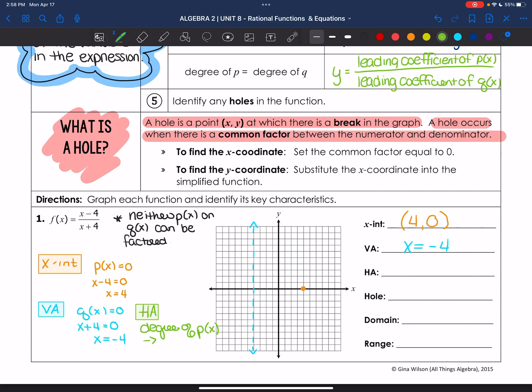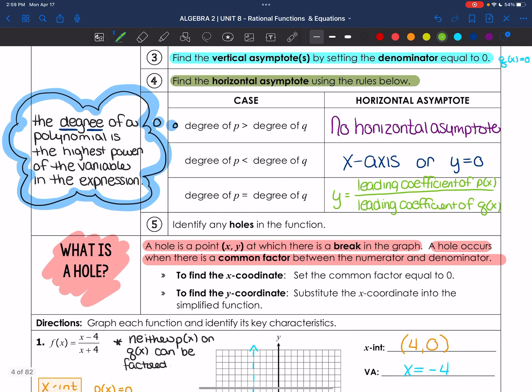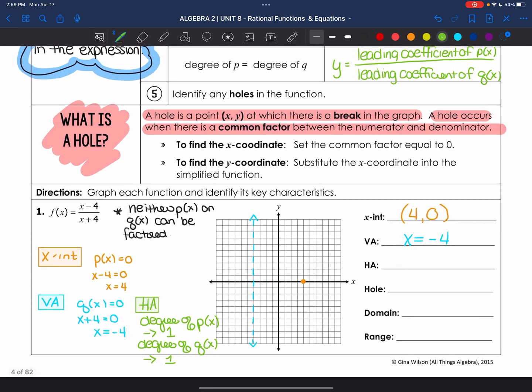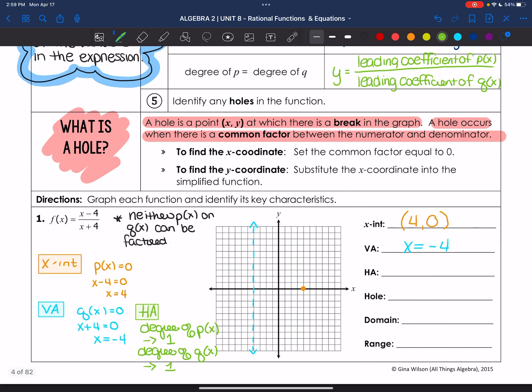Looking at your numerator, that is a linear function, so its degree is 1. Similarly, what is the degree of q of x? It is the same. It is 1. So this is where the degree of p of x and q of x are equal to each other.